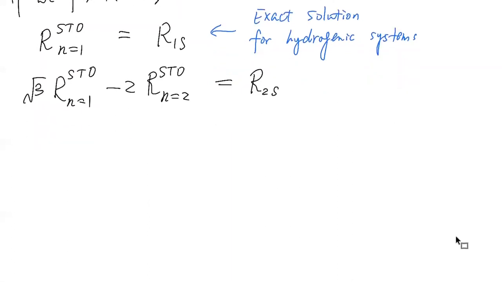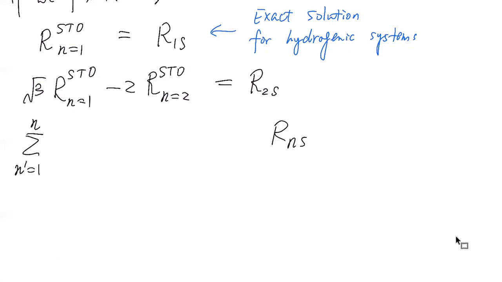Okay, so if you care about ns, not 1s, 2s, but 3s, 4s, etc., then you need a large number of combinations of the Slater type orbitals from 1 to n. I use n prime here because here I already have n. N is a particular number. For instance, if you want to do 5s, then n is equal to 5.